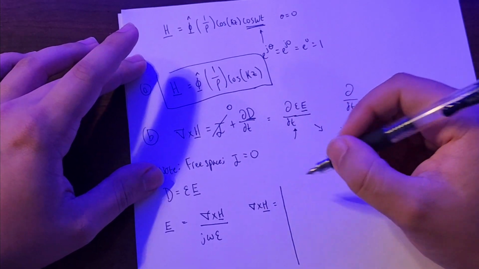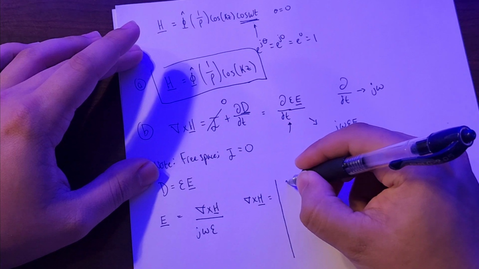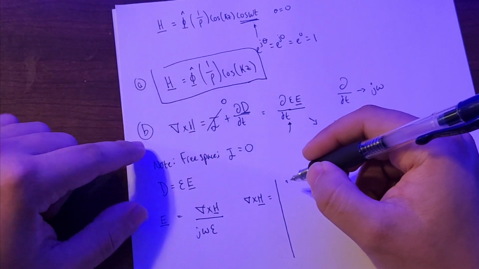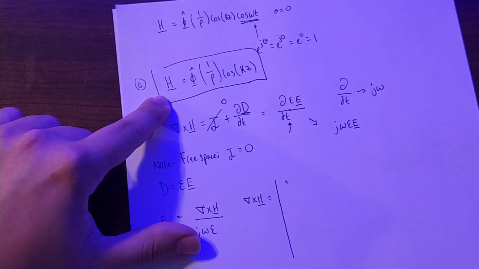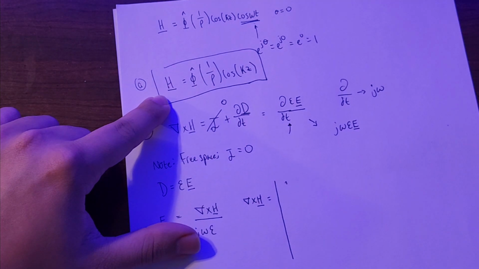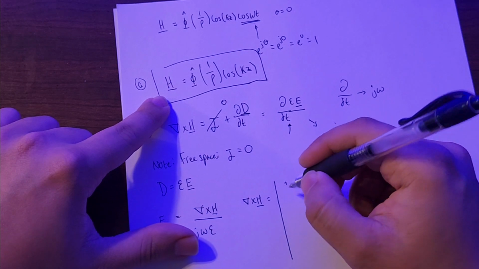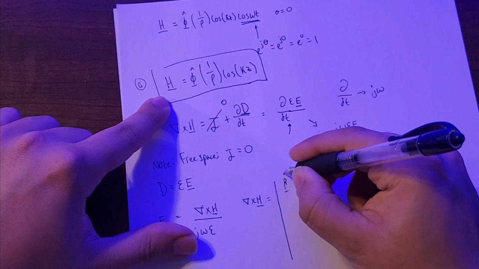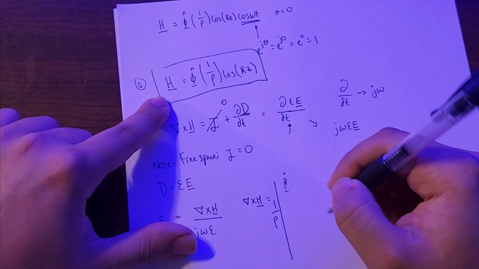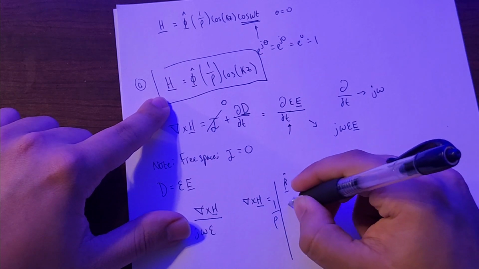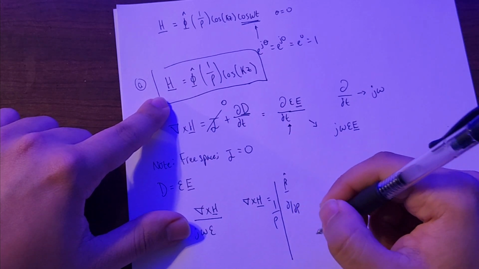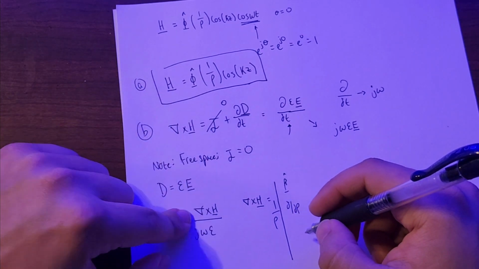Anyways, let's take this here. So this is going to be, again, we are in cylindrical coordinates. So let me pull up the cylindrical coordinate matrices. So what we have is rho hat. Of course, this is 1 over rho. We have rho hat, partial of rho, and then we have H of rho.